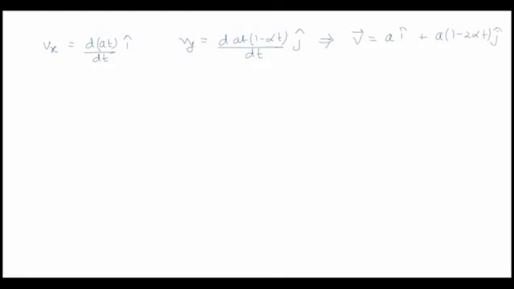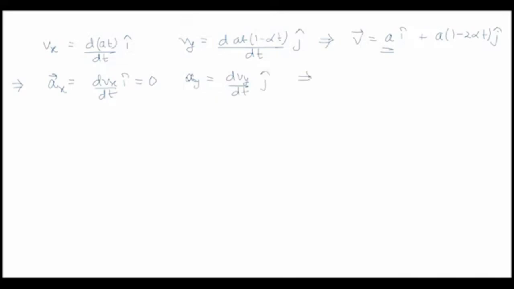Now the next part which is asked is to calculate the acceleration. Acceleration can be written as the derivative of velocity with respect to time. Along the x-axis, dvx by dt i cap will eventually be 0 because it is a constant. Along the y-axis, ay can be written as the derivative of velocity along the y-axis with respect to time t, along j cap.